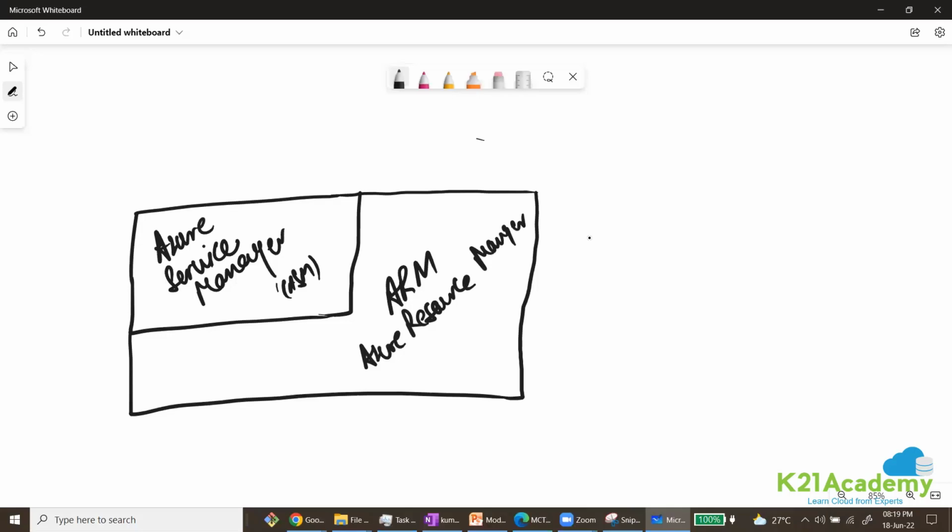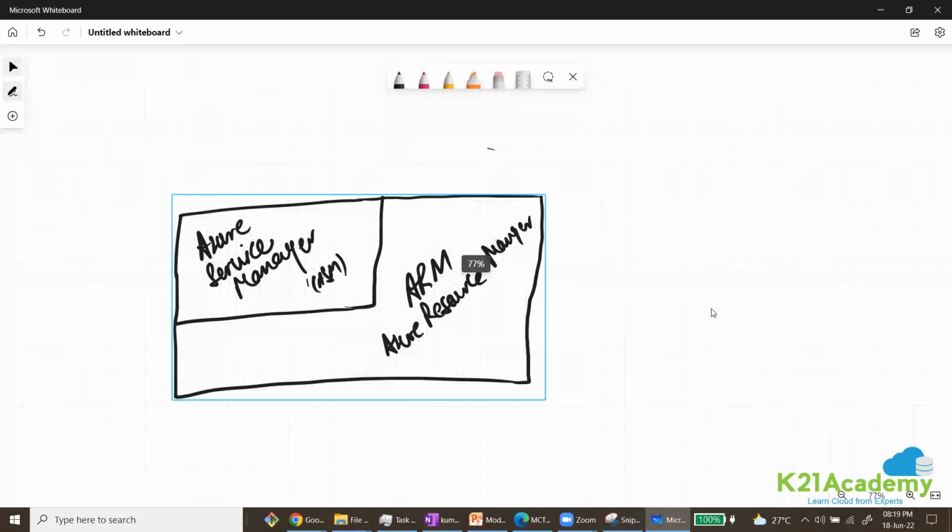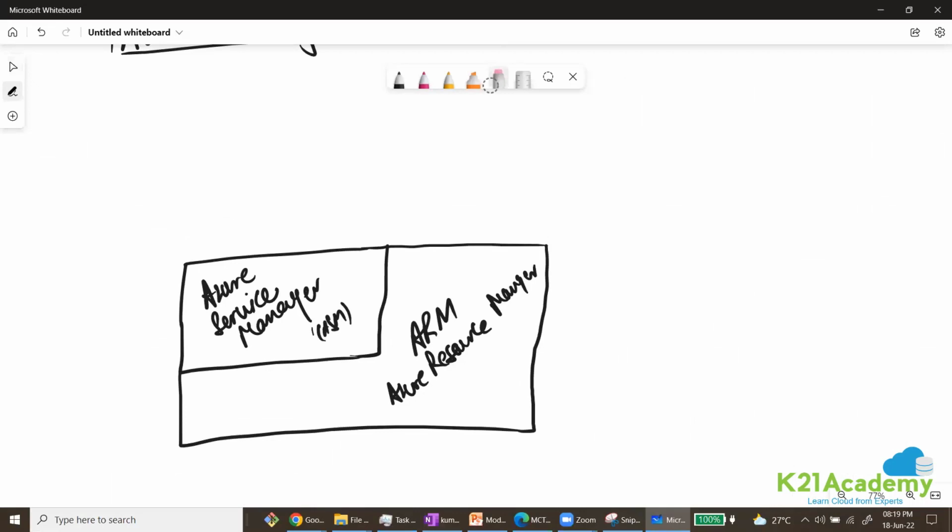Now let's try to understand the different ways in which we can access our Azure Resource Manager portal as of now.